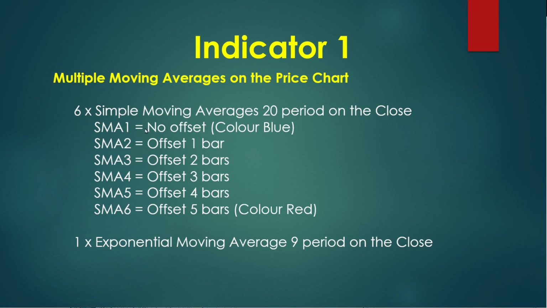I've coloured the first moving average with no offset blue, and the sixth moving average, offset by 5 bars, red. Lastly, we've got one exponential moving average with a 9 period on the close. As I said, that's the pink line.